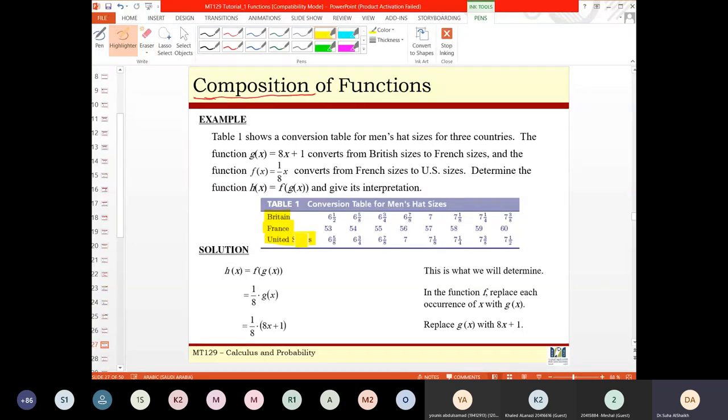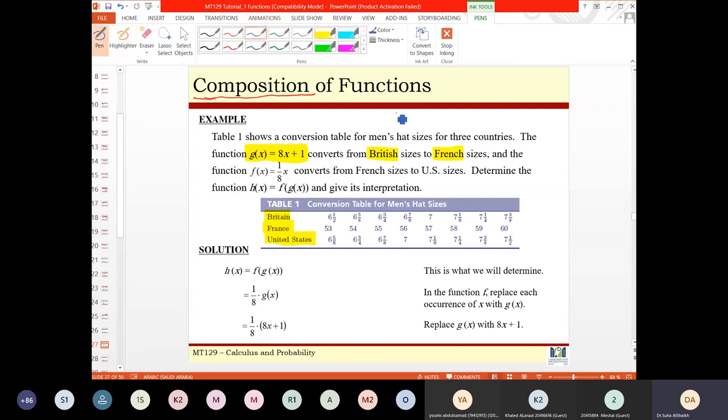Okay. So the idea is that I have a function g of x. Yeah, we have a function g of x equal to 8x plus 1 that changes from being British to being French.